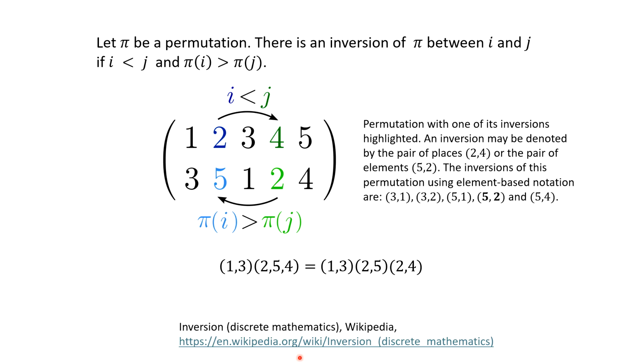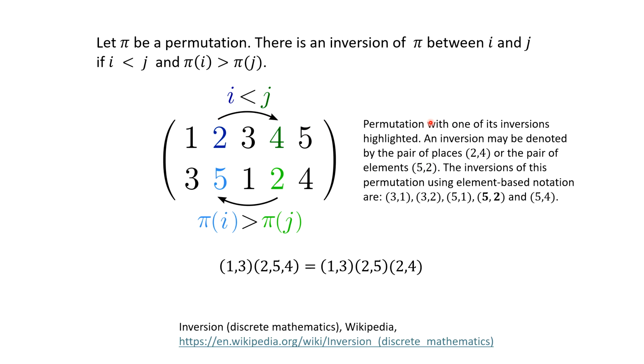I took this example from Wikipedia. So we have one inversion here that's highlighted. So 2 is less than 4, so i is less than j, and then the permutation pi of i, which is 5, is greater than pi of j. So that's one inversion.